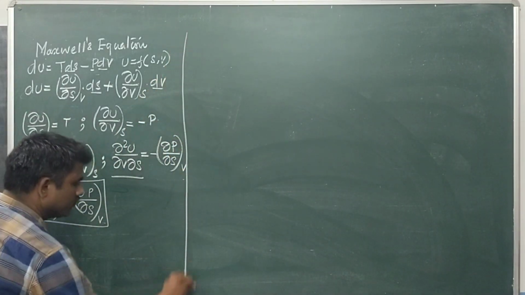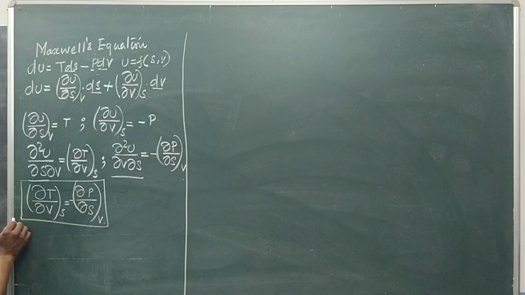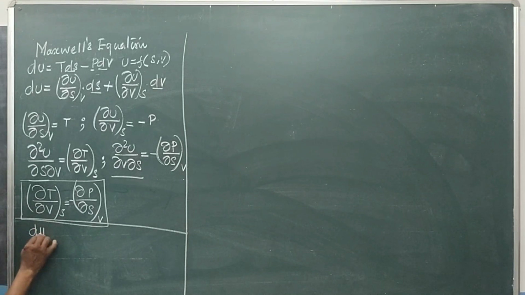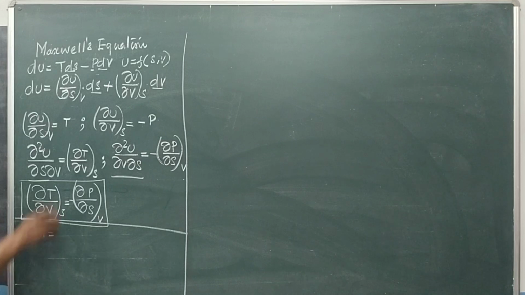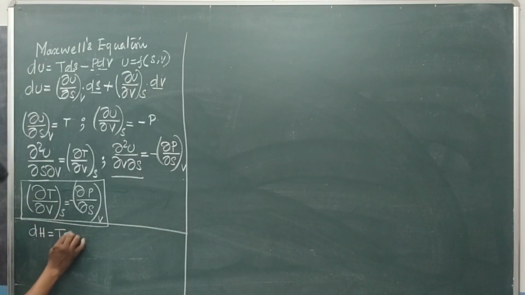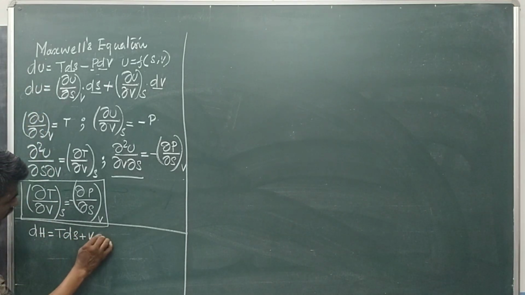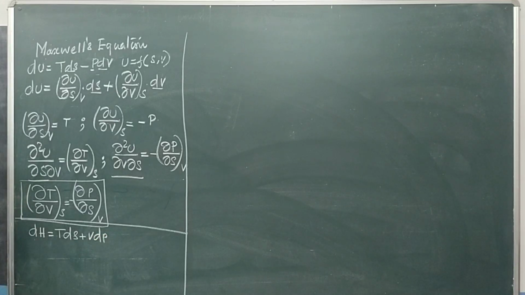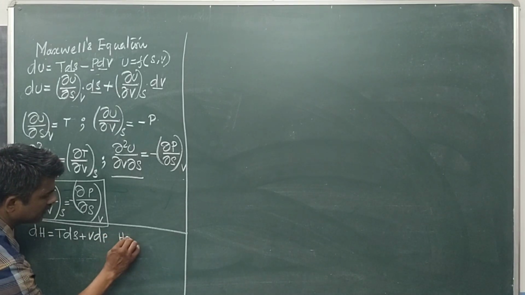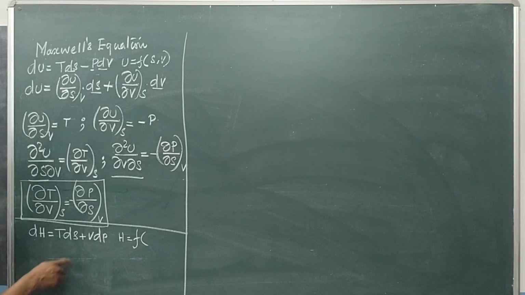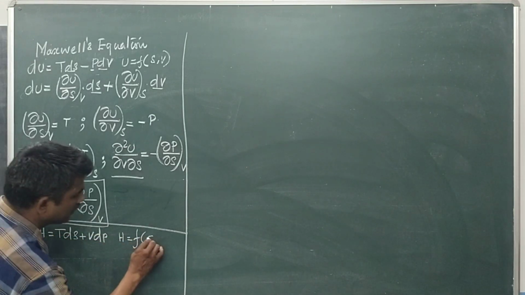Next, the second Maxwell equation, for enthalpy. We know the fundamental property equation for enthalpy: dH is equal to TdS plus VdP, and enthalpy H is a function of the canonical variables entropy and pressure.